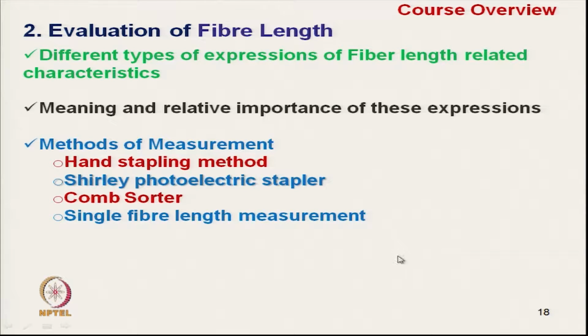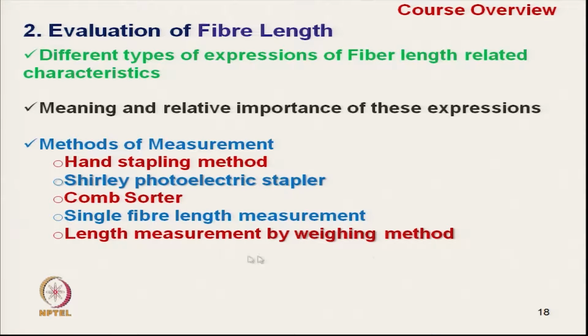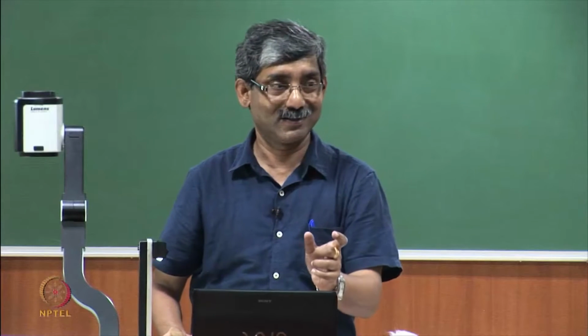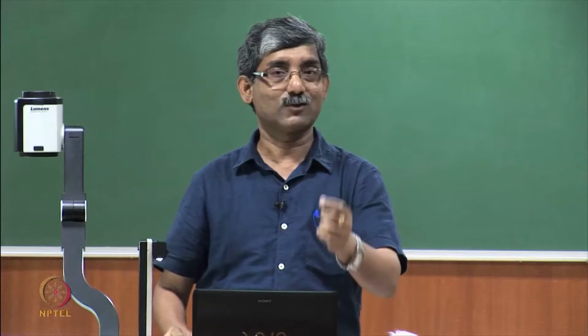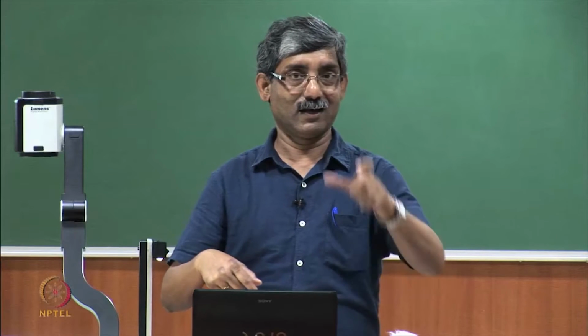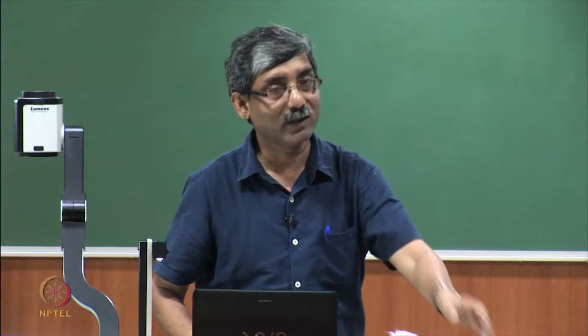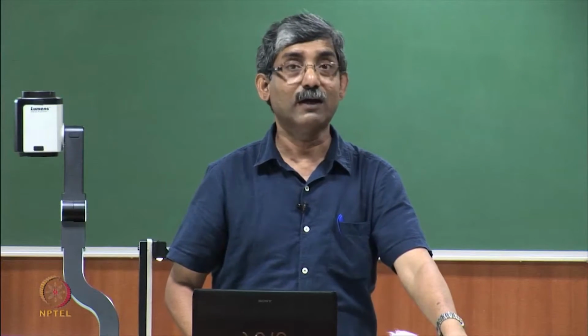Then single fiber length measurement. We will discuss how to measure the single fiber length. Then length measurement by the weighing method: we can take the mass, and based on the mass and the cross-section size, we can calculate the length of the fiber.